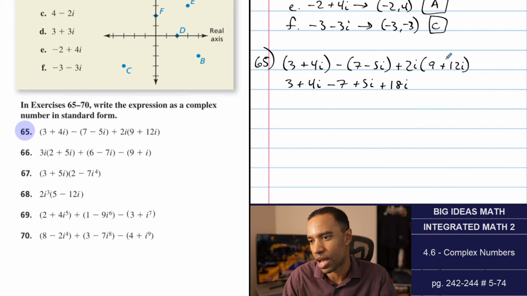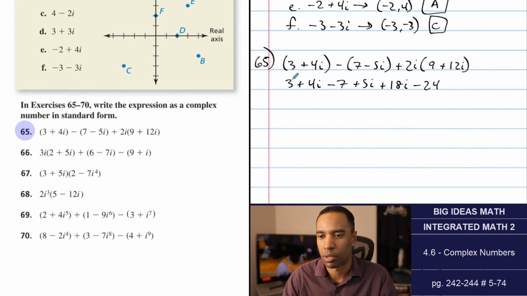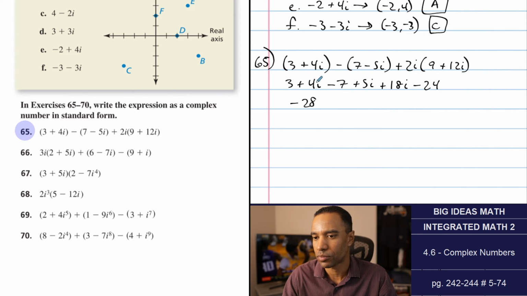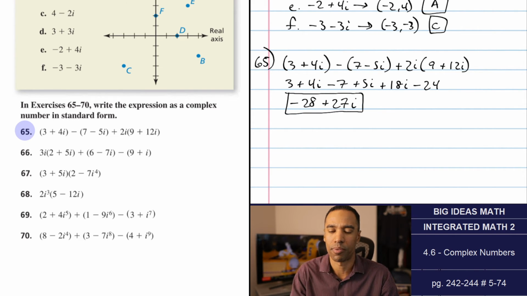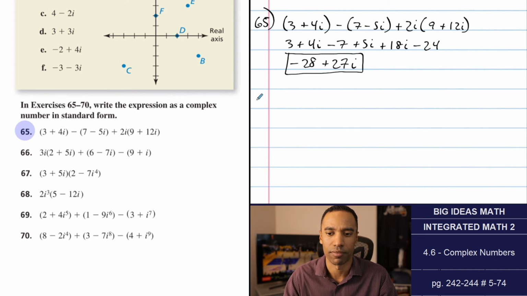So this is 18i plus 24i squared, which is minus 24. Now let's combine. 3 minus 7 is negative 4. Negative 4 minus 24 is negative 28. 4i plus 5i is 9i, plus 18i is 27i. So unless I messed up a number somewhere while talking, hopefully I distributed everything correctly, and that's what we would get for 65.